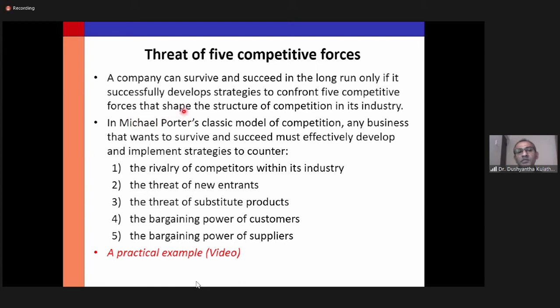It was actually Professor Michael Porter who introduced these concepts somewhere in the early 1980s, the competitive forces and then the competitive strategies.